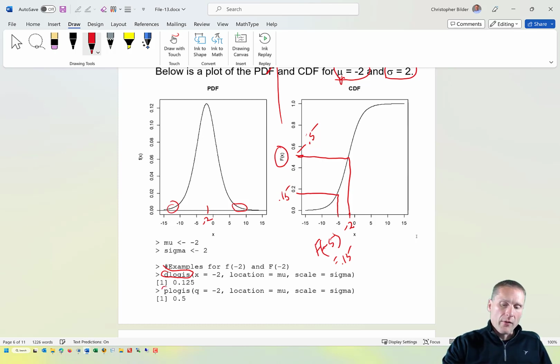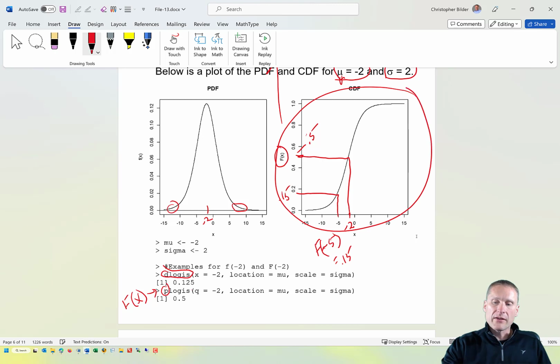To get a probability with my logistic distribution, in other words, to find capital F of x, I can use the plogis function. You are required to know that. This plogis function is what I use to generate this plot here, where I just choose a whole bunch of different values of x for the particular mu and the particular sigma that I chose for this plot.